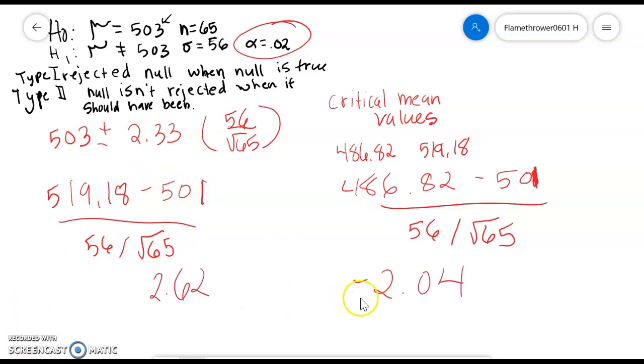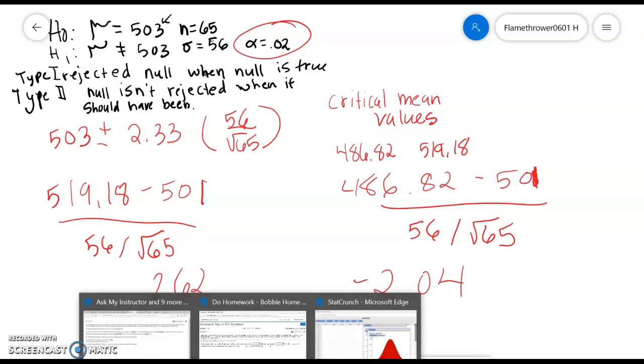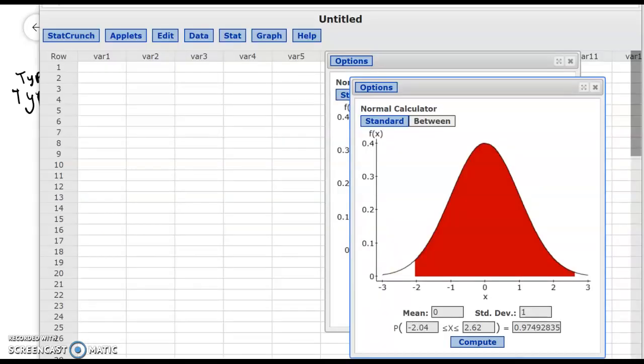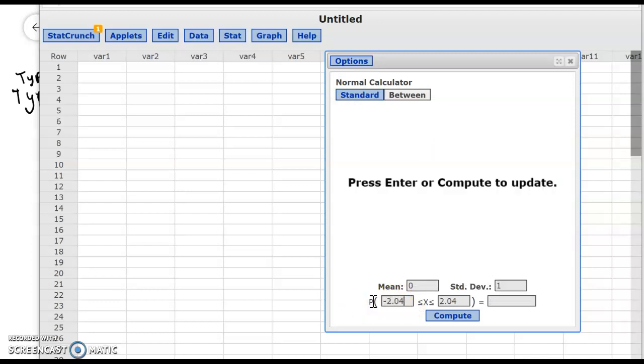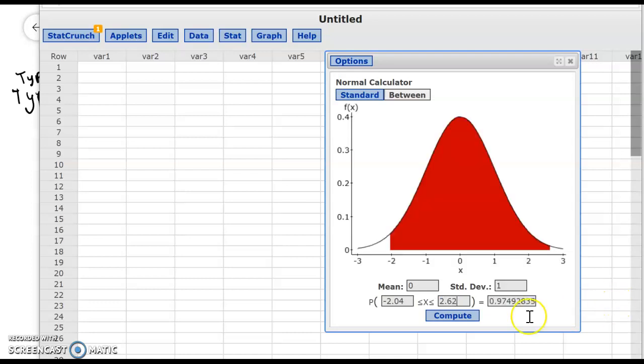My lower value is negative 2.04 and my upper value is 2.62. So this time we put in negative 2.04 and our upper value 2.62. We get 0.975 again when we round.